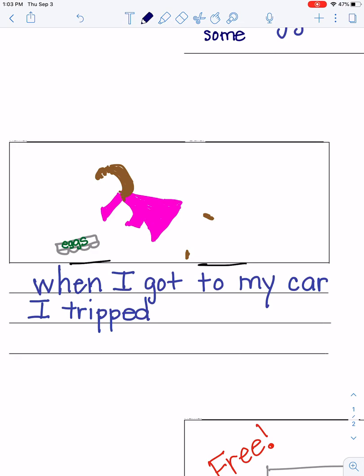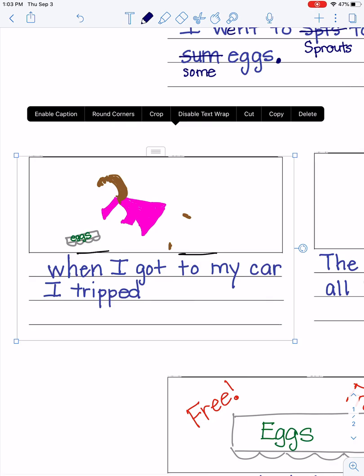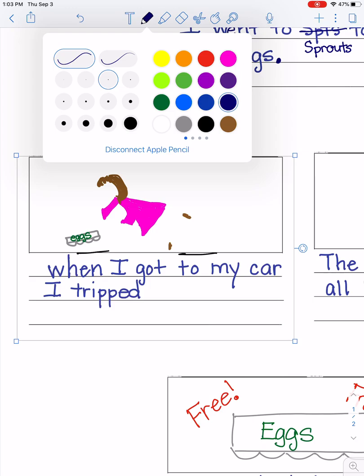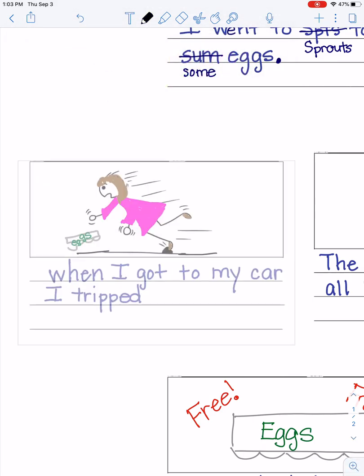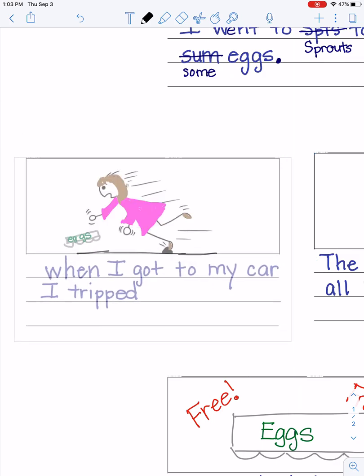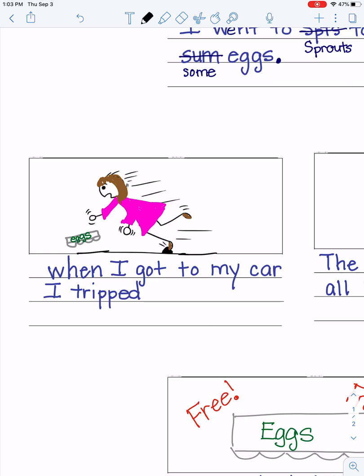When I got to my car, I tripped. Okay, so I'm noticing something happened, first of all, to my picture. It looks like some of my drawing actually disappeared. So I'm definitely going to go ahead and, woo, it just came back. There it is. Okay, I was about to go ahead and fix that. So I can see that it says, when I got to my car, I tripped.